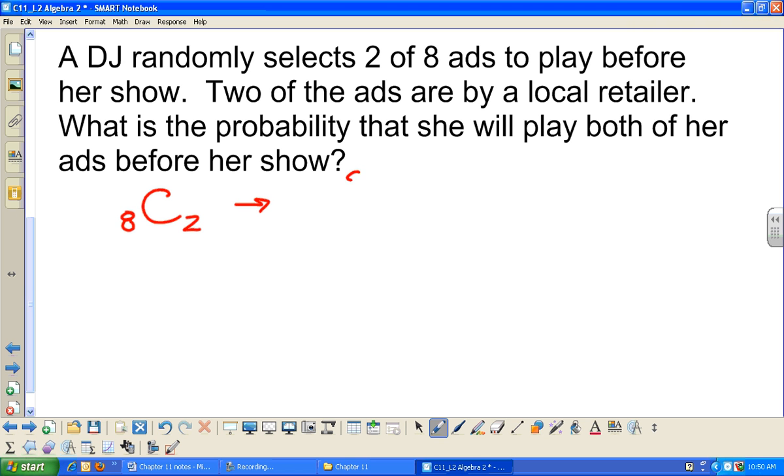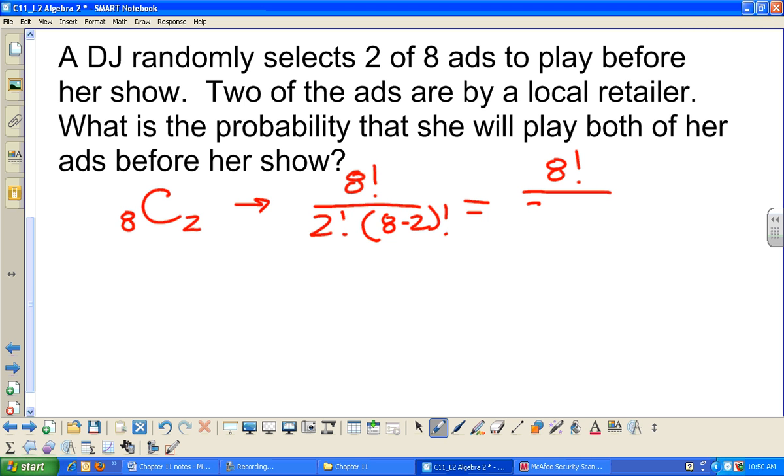Again, I'm looking for what number is going to be going on the bottom of the fraction, my total. So this would be 8 factorial over 6 factorial times 2 factorial, which is 8 times 7 over 2 times 1. I can reduce, so it'd be just 4 times 7, which is 28.